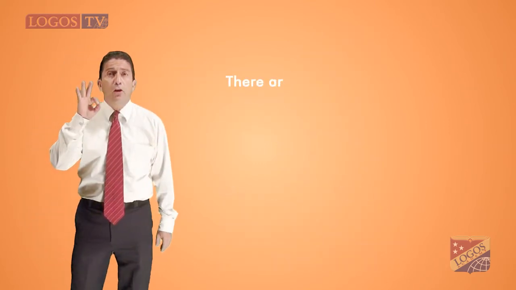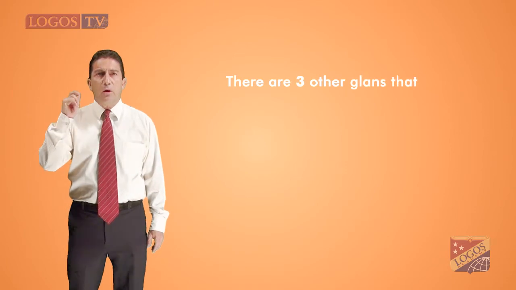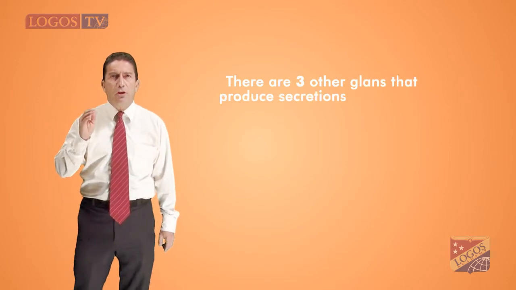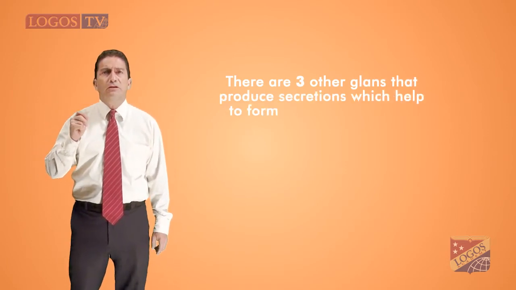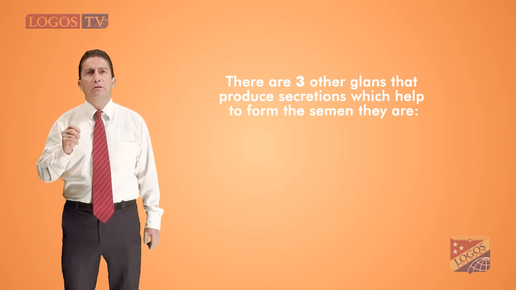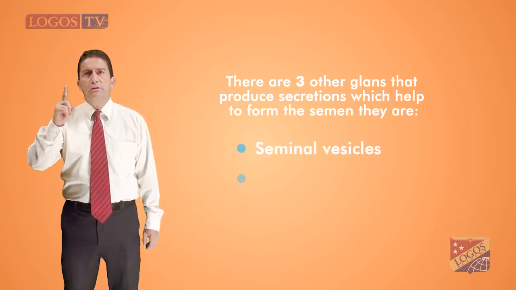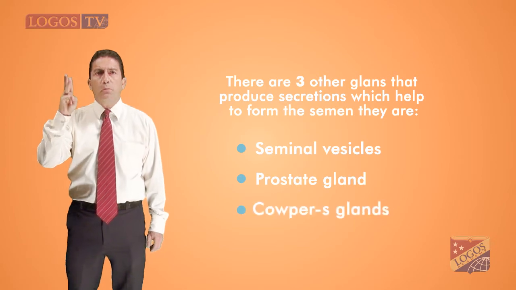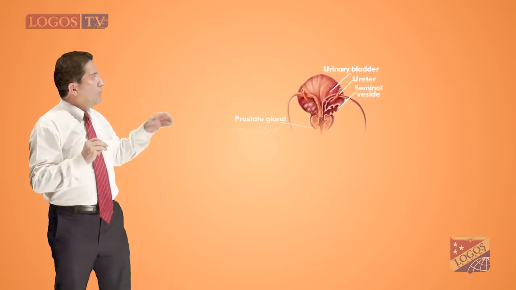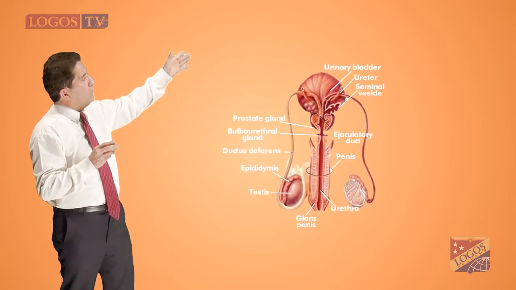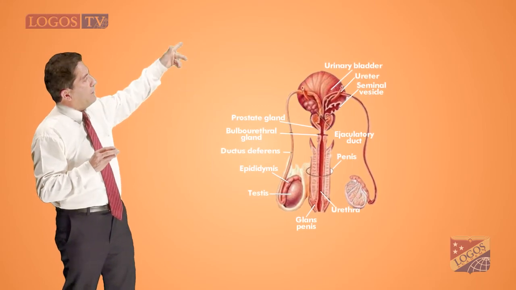There are three other glands that produce secretions inside the male reproductive system, which help to form the semen. They are the seminal vesicles, the prostate gland, and the Cowper's glands. You can see the picture here. We have the location of all these three glands.